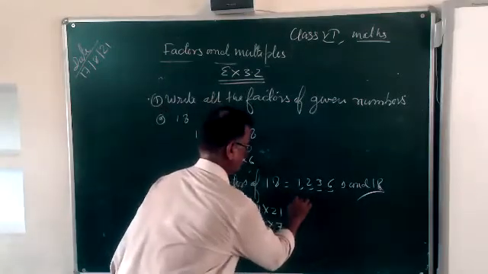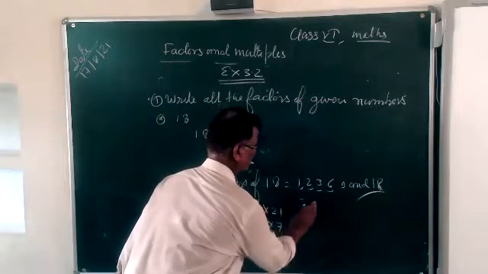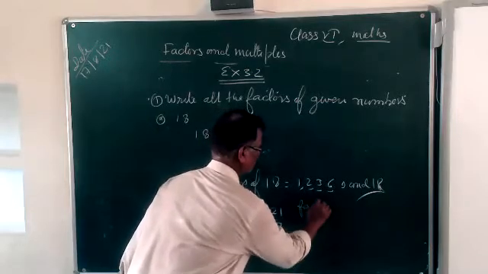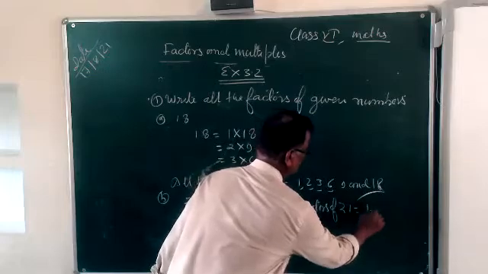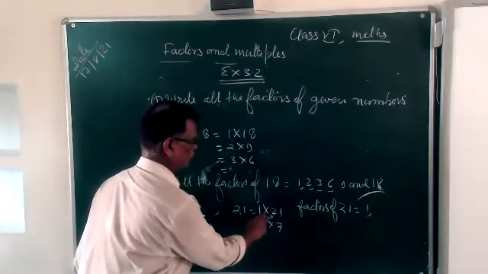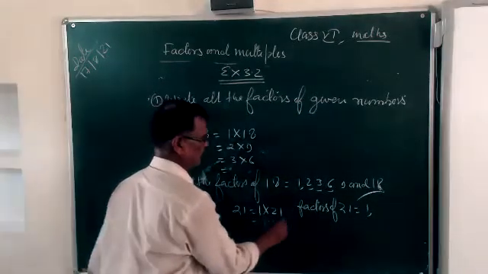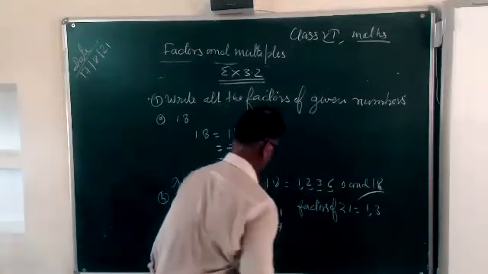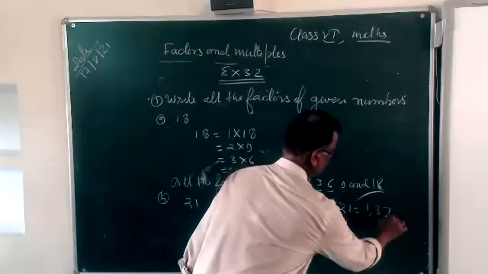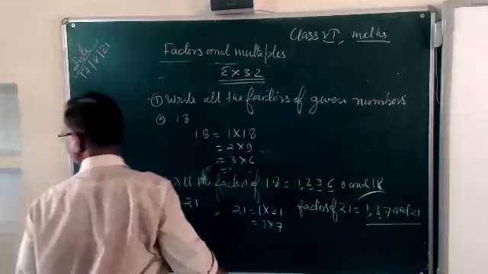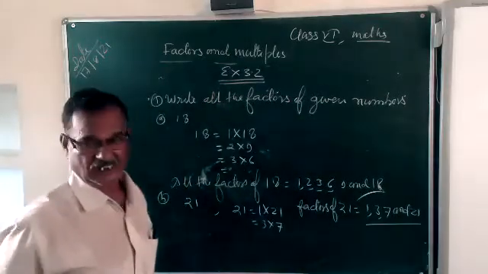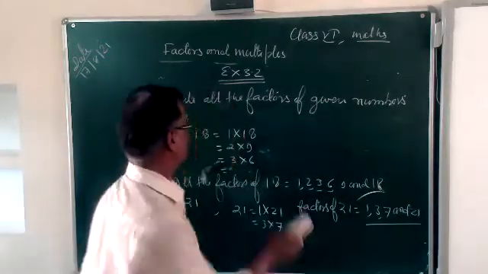So the factors of 21 are 1, 3, 7 and 21. These are the factors of 21.